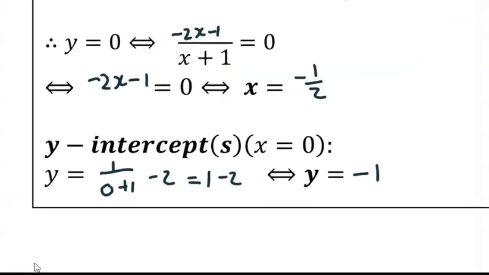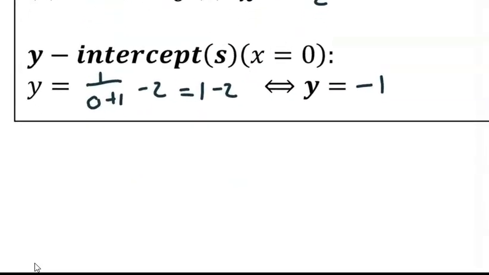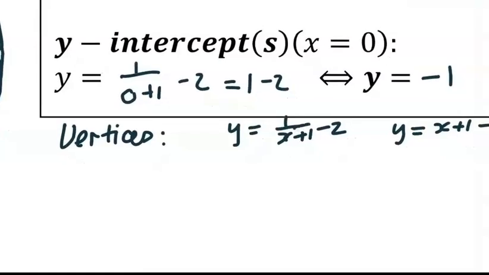My y-intercept in this case will happen when x is equal to 0. So if I substitute 0 in the place of x, then I will get this value, so my y value will be -1. I can also do the vertices. This is my function given by the equation 1 over x plus 1 minus 2.